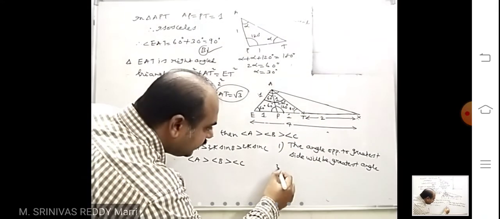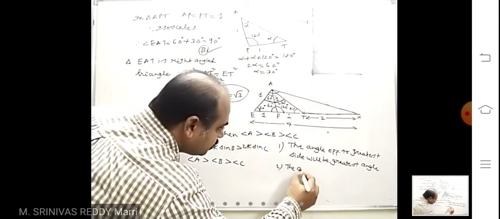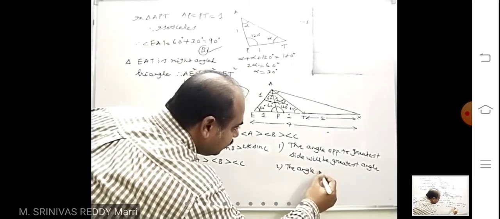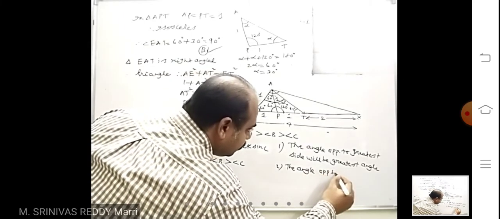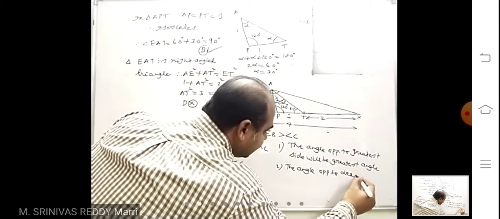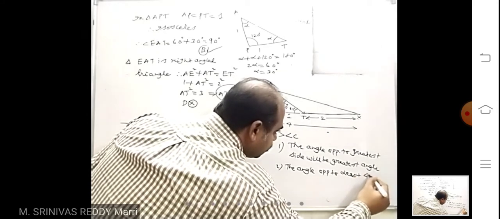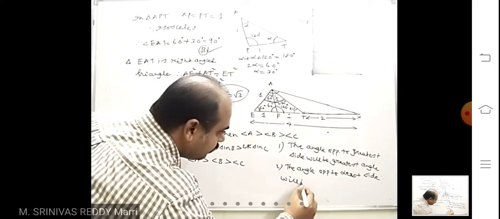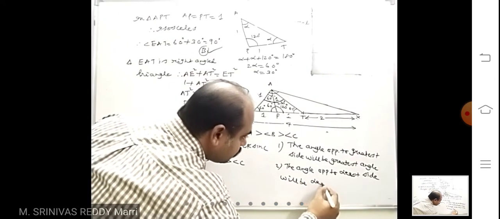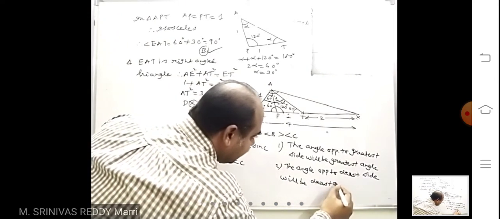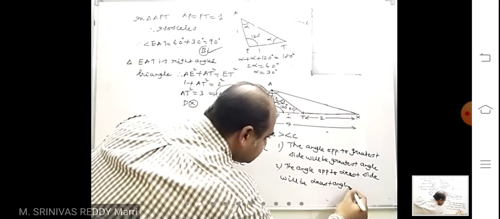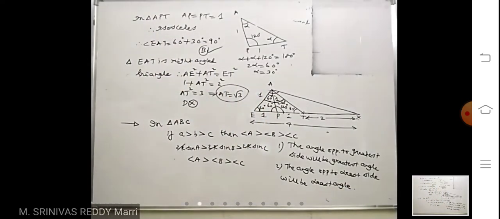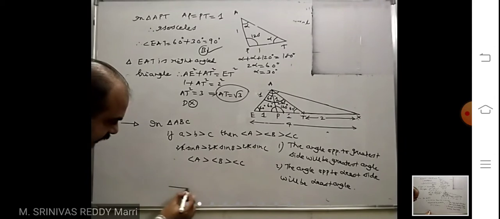So the next point is the angle opposite to the least side. The least side will be the least angle.